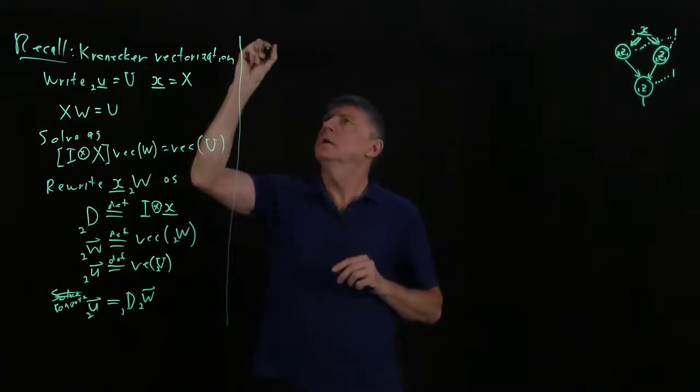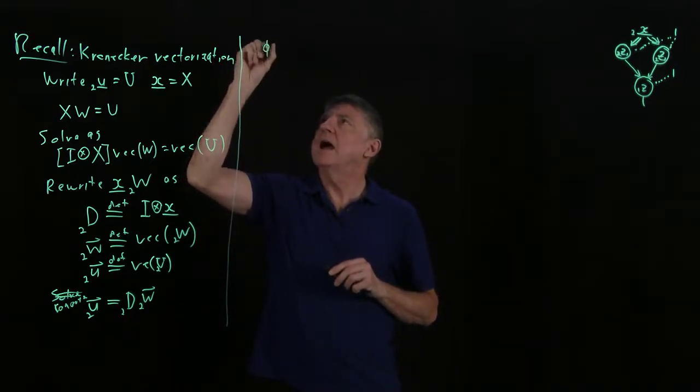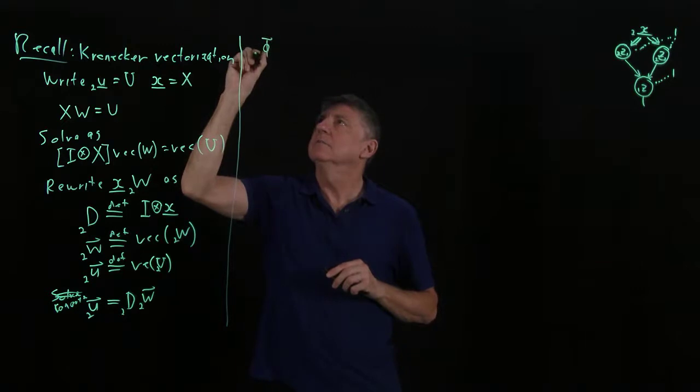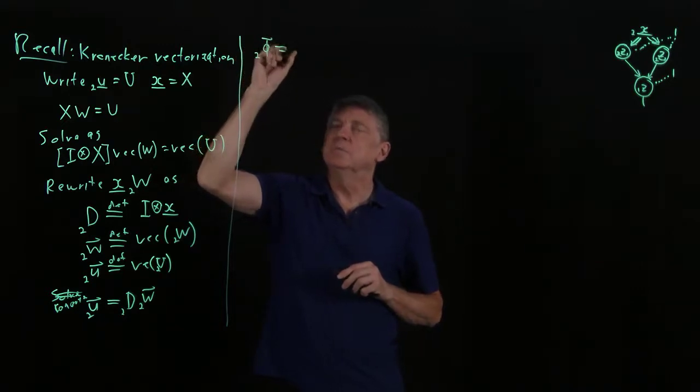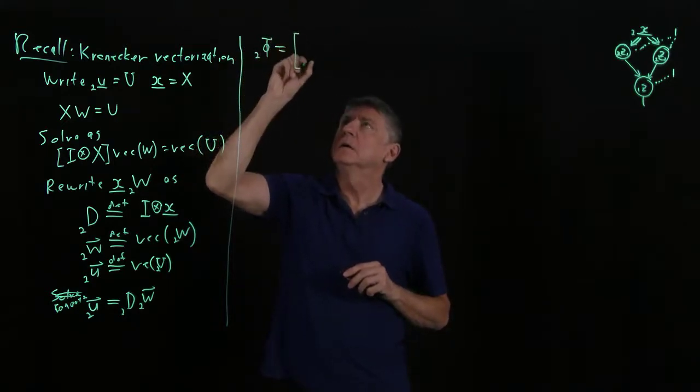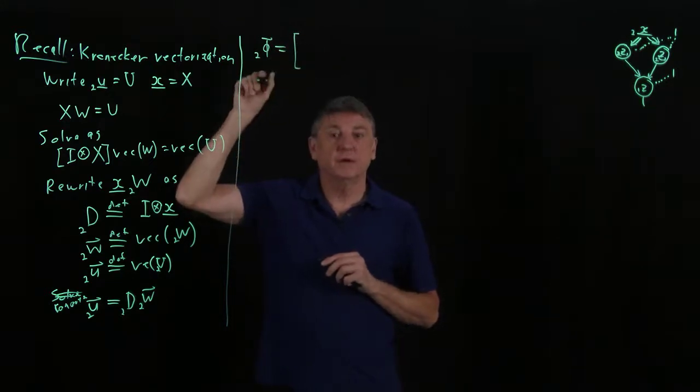Then the activation vector for layer 2 will be the transpose of that one form.